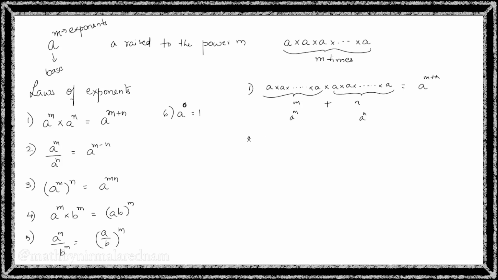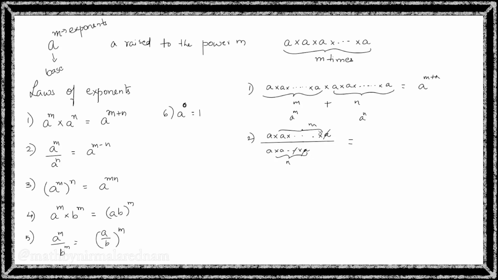When it comes to the second one, I have a m times in the numerator, right? And I have a n times in the denominator. Now this n can be greater than m or less than m, it doesn't concern us, the result is the same. So now when I have a common factor in the numerator and denominator, we know that I can cancel it, right?